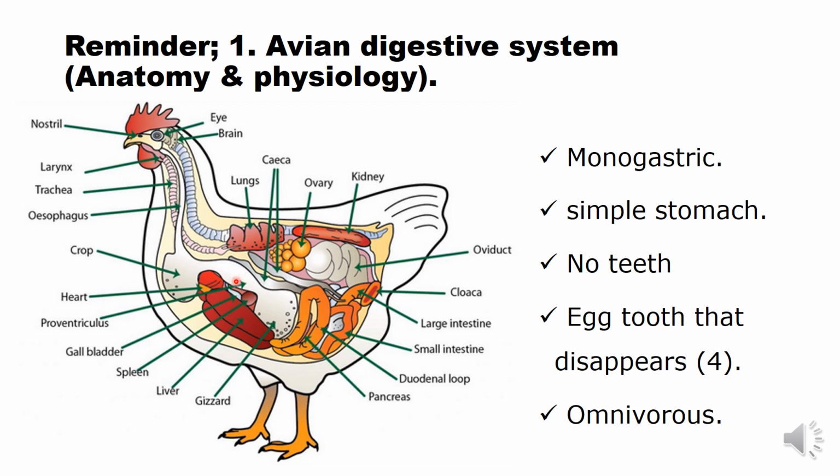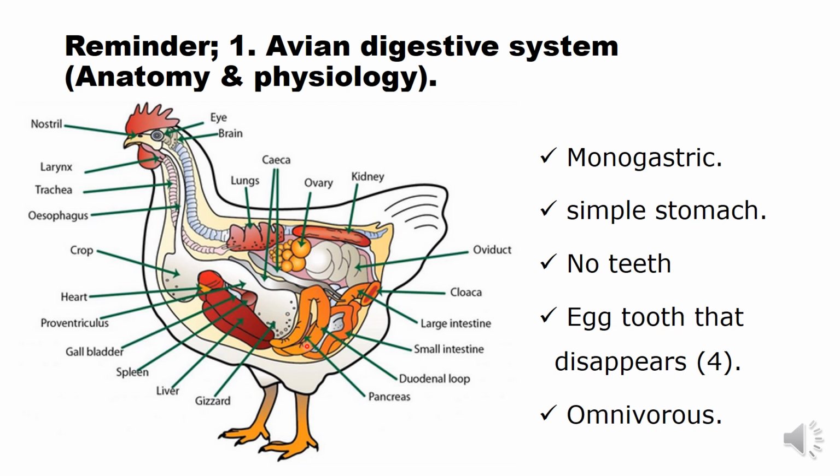It's glandular, contains enzymes and hydrochloric acid, which will react upon the ingested food. Food moves into the gizzard, which is also another stomach, but it is composed of 5 layers and it contains grit. It is mainly important in mechanical digestion.